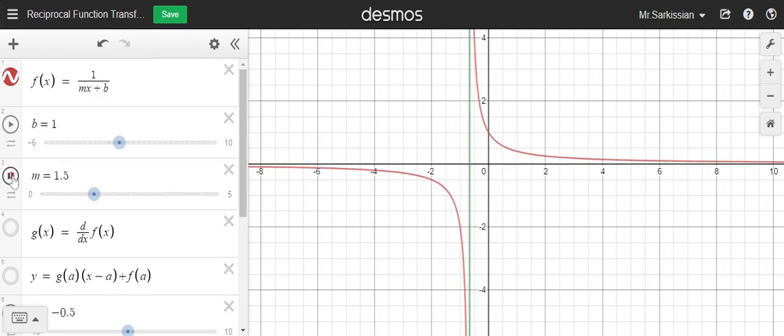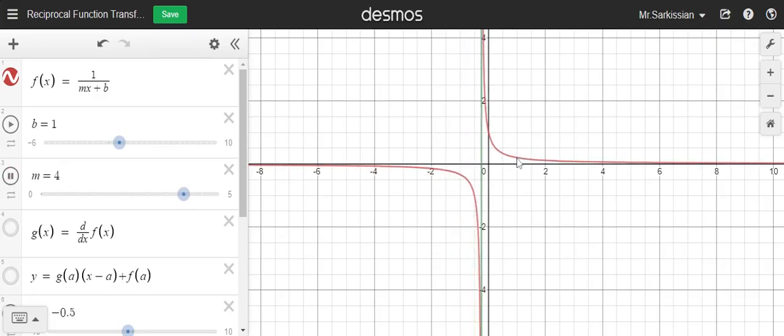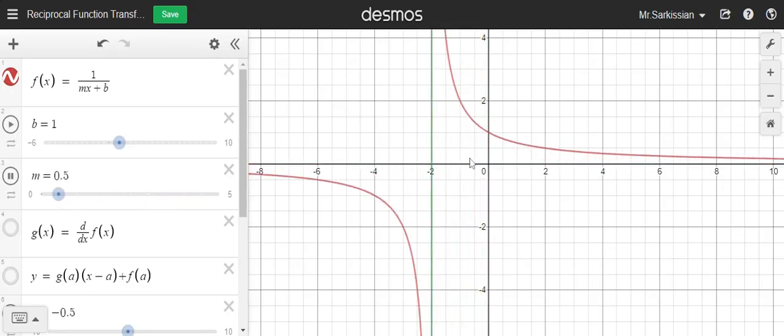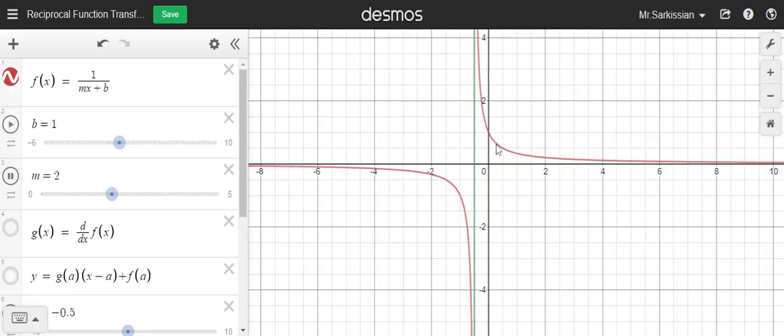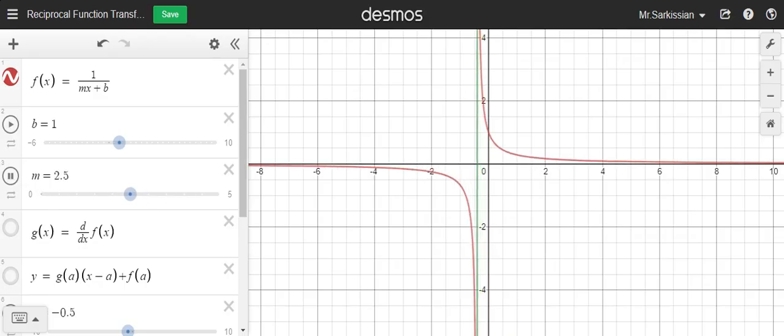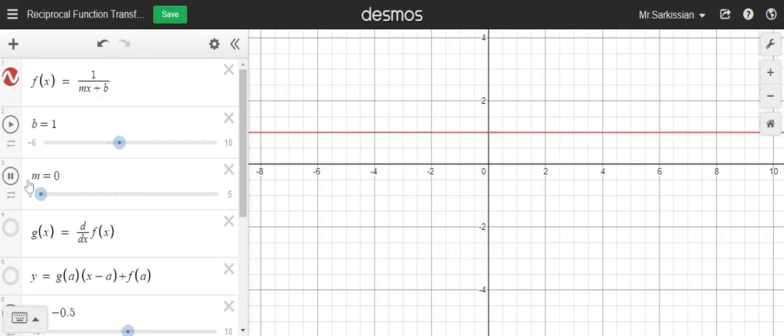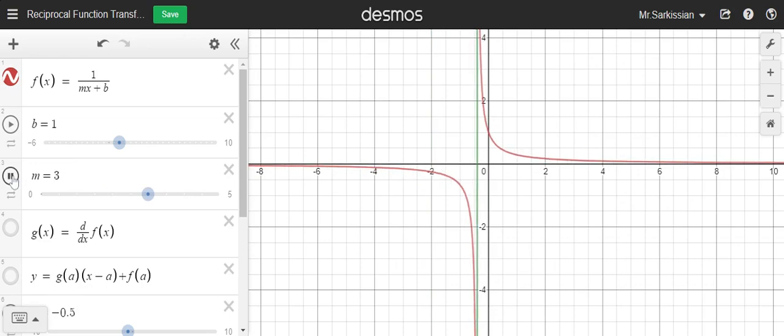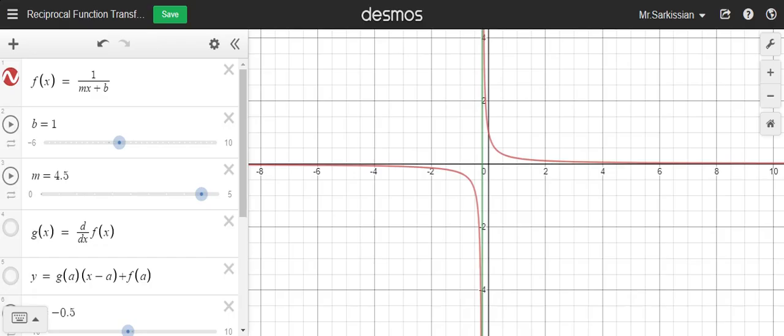When we change m, we see that the graph is horizontally shrinking or horizontally being compressed, basically, when the value of m is, of course, greater than 1. So that's the effect of m. If m is greater than 1, we have a horizontal shrink or compression by a factor of 1 over m.